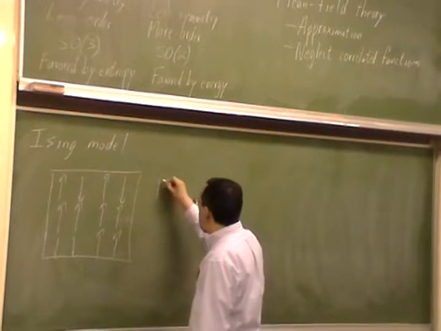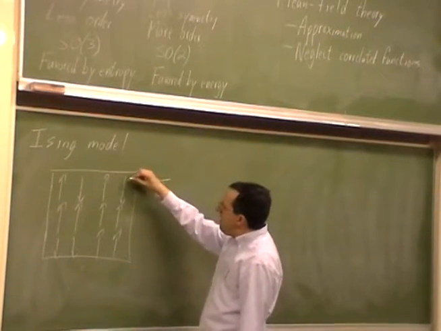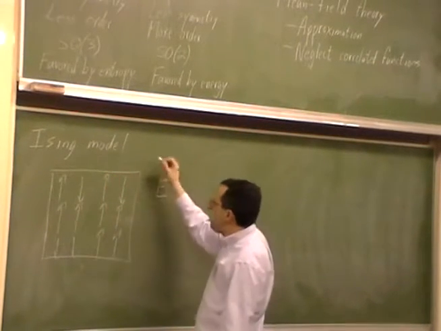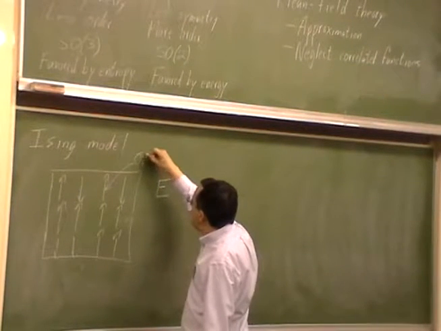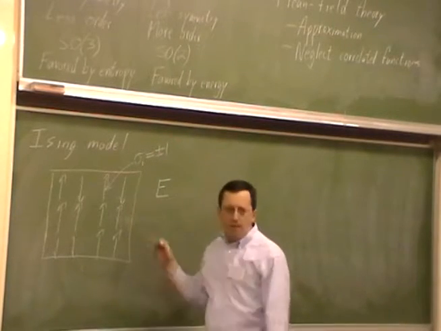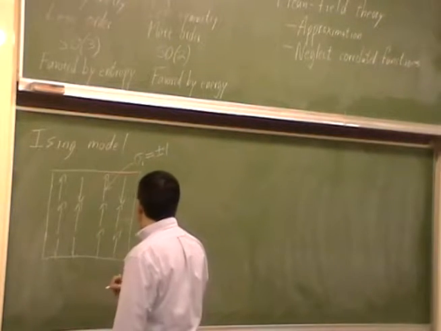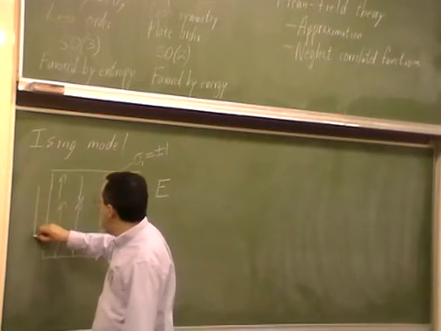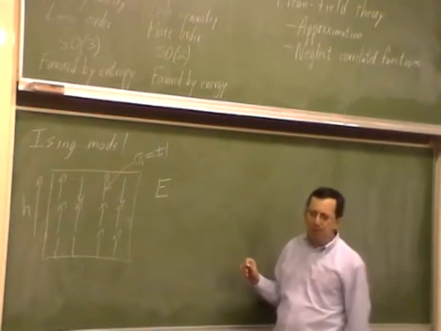So the energy for this system is determined by the interaction of all these different spins. Each of these, spin number i, is represented by a variable sigma_i, which is plus or minus 1, okay? And these things interact with their neighbors, and they also interact with some applied magnetic field, H.